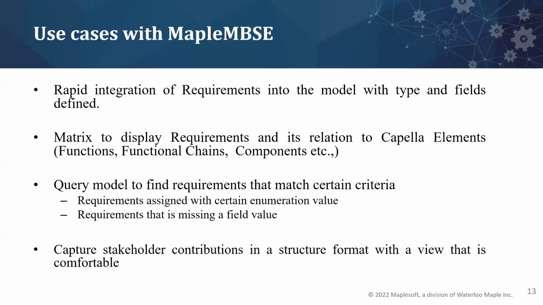Or if you want to list requirements with multiple enumeration values, for example, all the requirements whose status is either not pending or reviewed, including any requirement that has no status defined, you'll be able to use the AND or OR operations to query the model elements and bring the results into MapleMBSE.